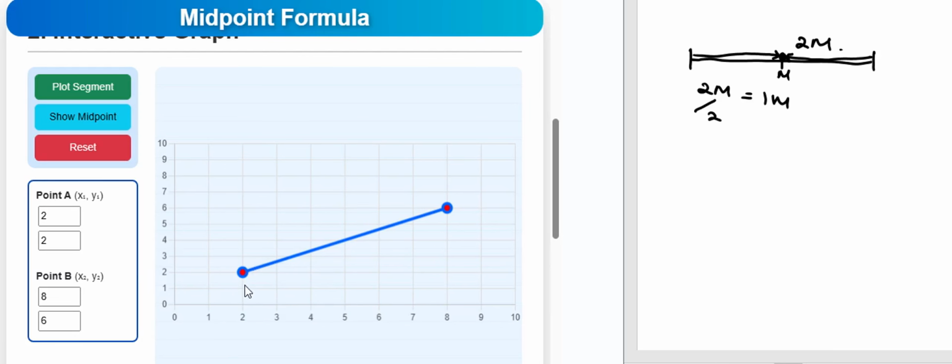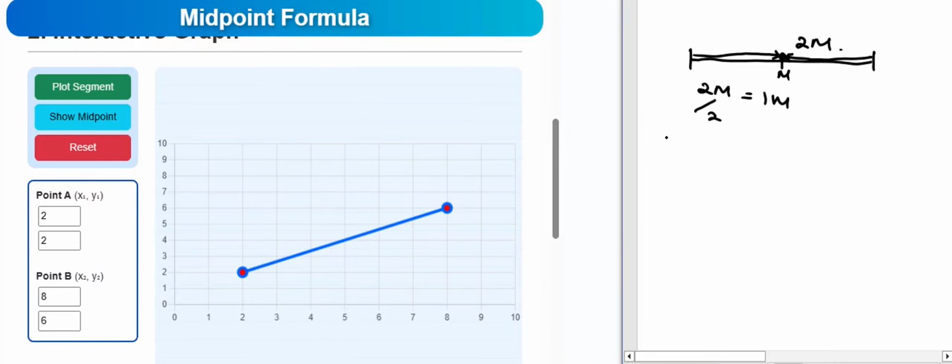In the x-axis where the line starts, we have 2, and on the y-axis we also have 2. So the first point of this line, which I can call A, is 2, 2. And then the line extends all the way to 8 on the x-axis and 6 on the y-axis. So the second point of this line, I can call it B, is 8, 6.